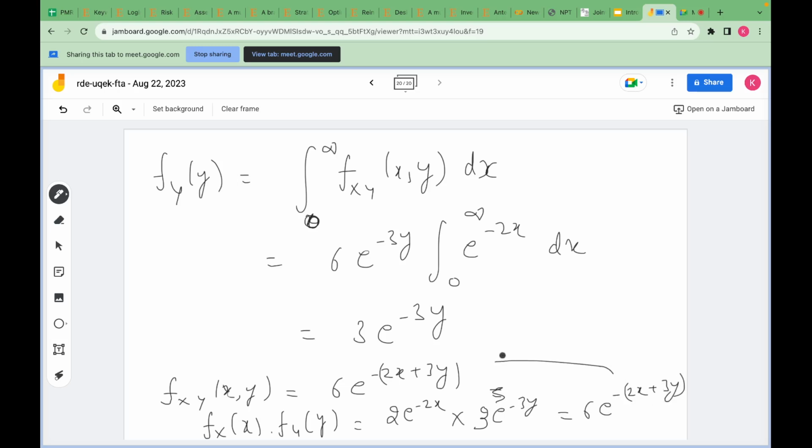So both quantities, LHS is equal to RHS, therefore x and y are independent. Okay, so this is the sufficient condition for two variables to be independent, that their joint probability is nothing but the multiplication of their individual density functions.